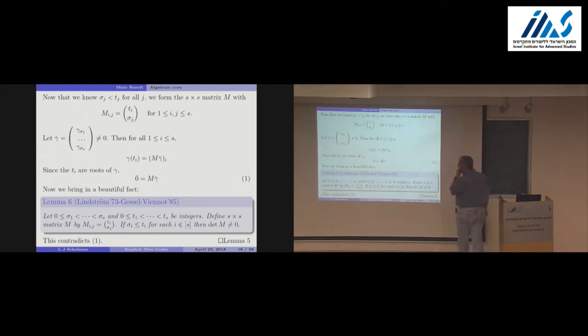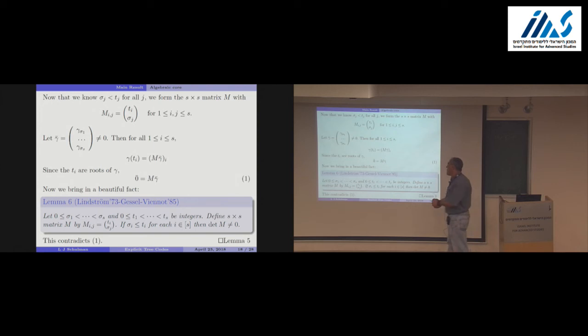And then we bring in this amazing, beautiful fact, which, if you haven't seen it, is worth knowing, and I yesterday learned even more about it. But anyway, this is a non-singular matrix. It has a beautiful combinatorial interpretation. Again, time permitting, I could show it.